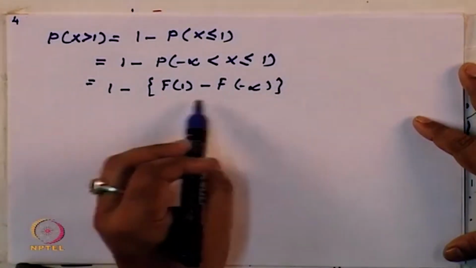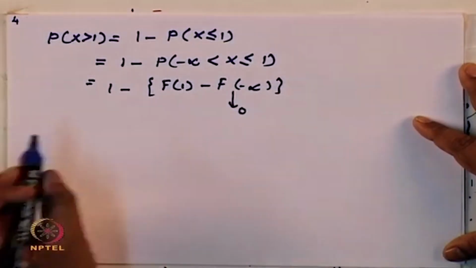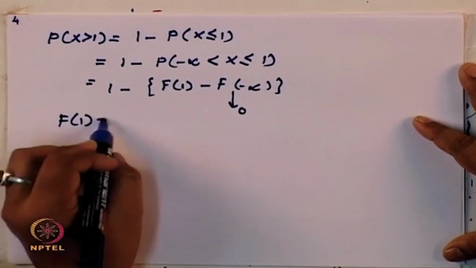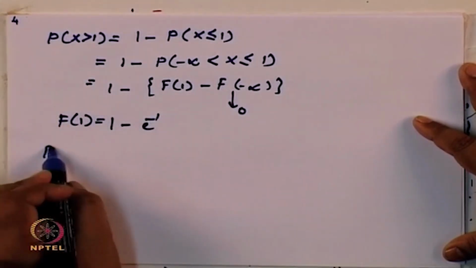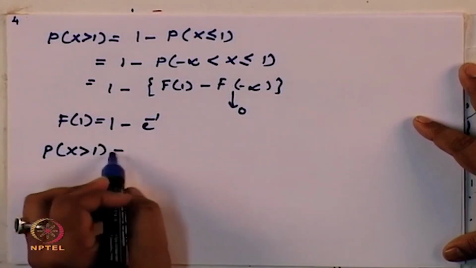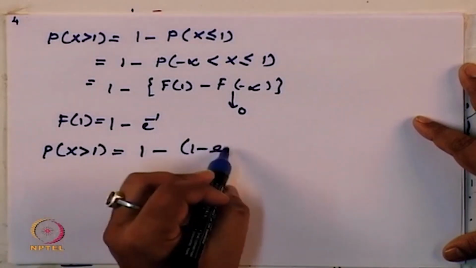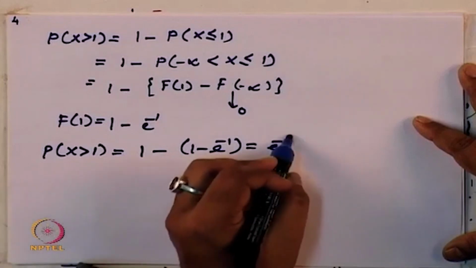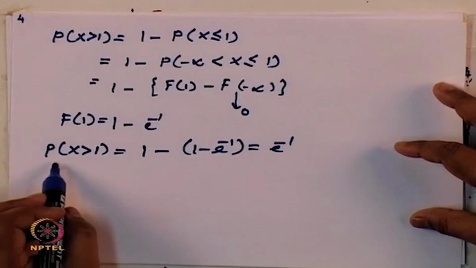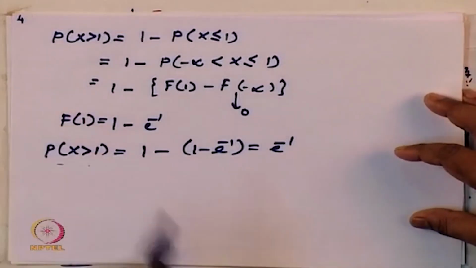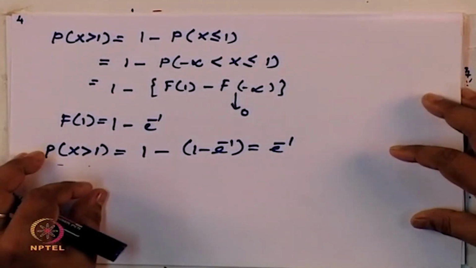For all these values this is nothing but 0, and F of 1 is given by 1 minus e to the power minus 1. So, probability of x greater than 1 becomes 1 minus (1 minus e to the power minus 1), which is equal to e to the power minus 1. Okay. So, this is how you can calculate probability if you are given a cumulative distribution function.